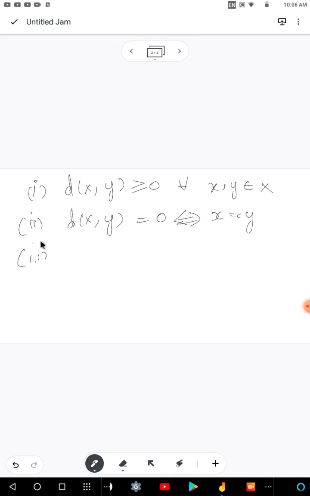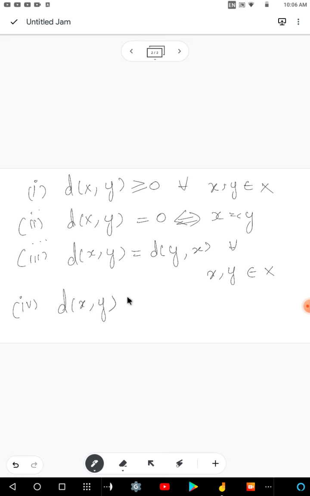Third property is symmetry: d(x, y) equals d(y, x) for every x, y belongs to X. Fourth, d(x, y) is less than or equal to d(x, z) plus d(z, y) for every x, y, z belongs to X. So these are the 4 properties that a metric space should satisfy.